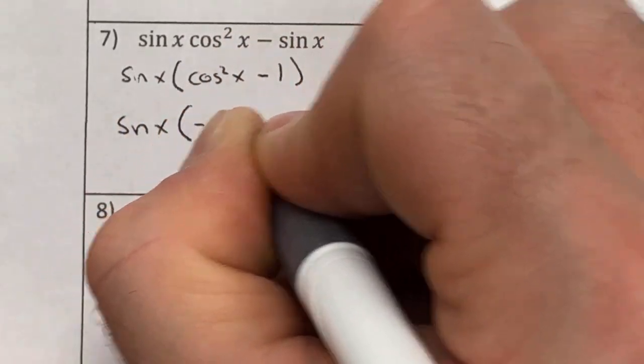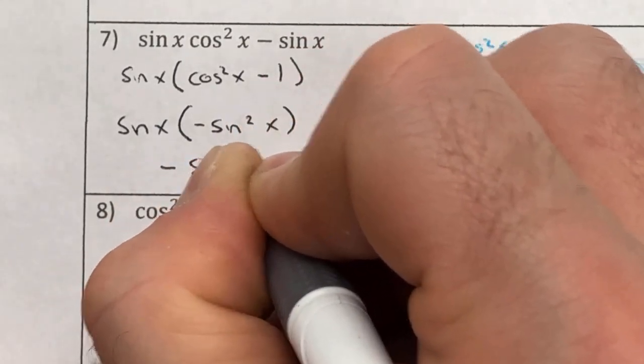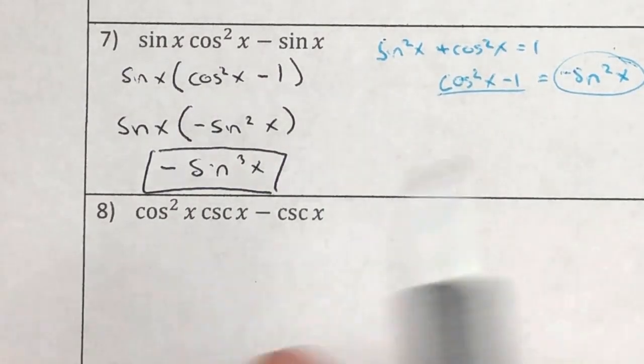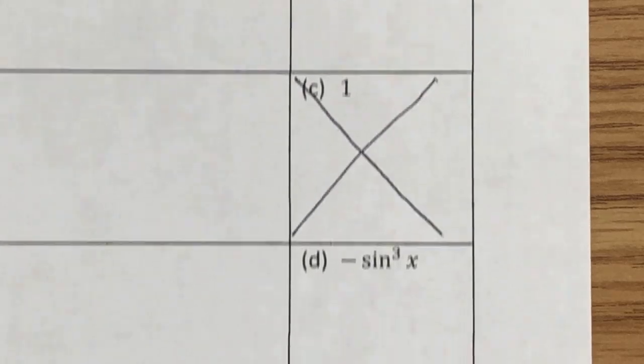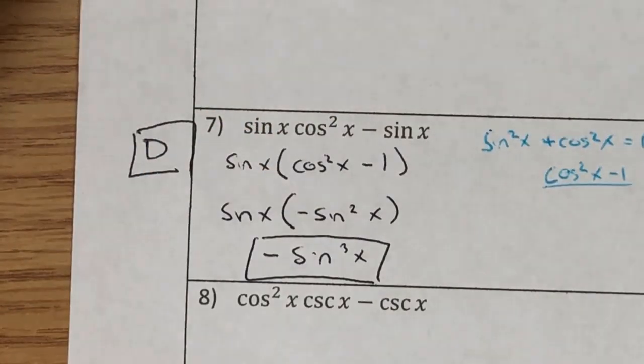So I get sine of x times negative sine squared of x, which leads me to the negative sine cubed of x. So negative sine cubed of x, let's take a look. Boom, option D. Boom, and there we go.